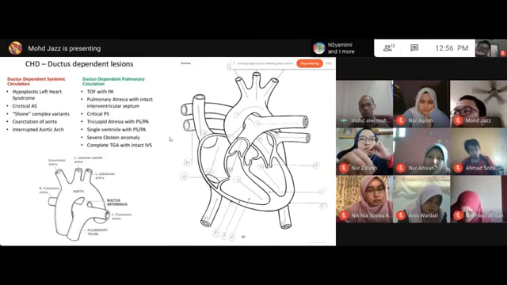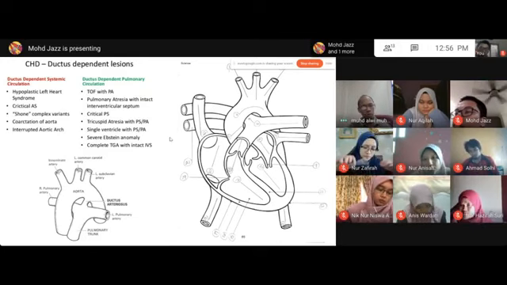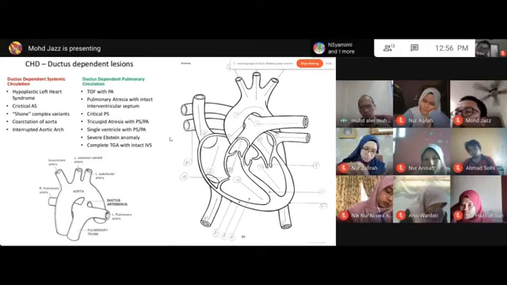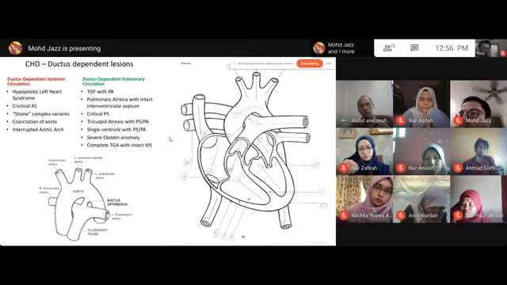So ductal dependence is dependent on the PDA. So in order for them to live, you have to give them PGE until a definite plan is there, corrective surgery is planned, or you can create another shunt, for example like a BT shunt, Blalock-Taussig shunt.